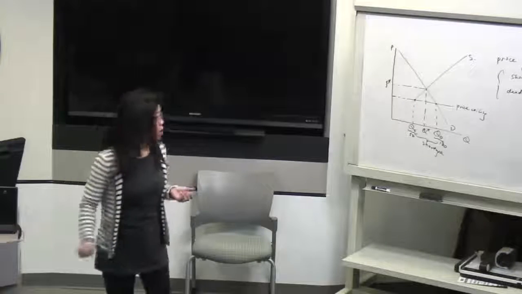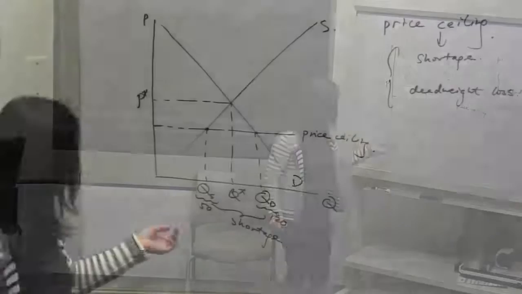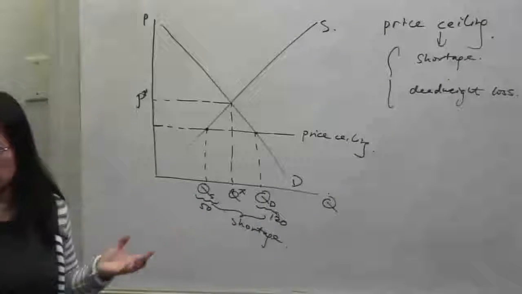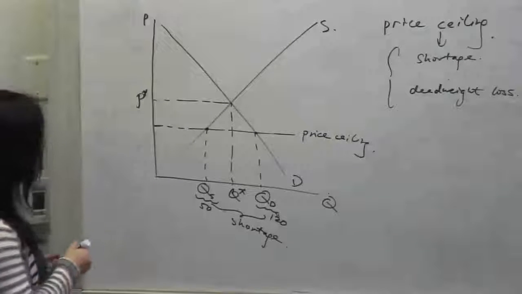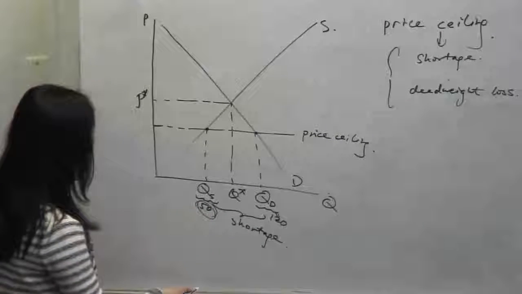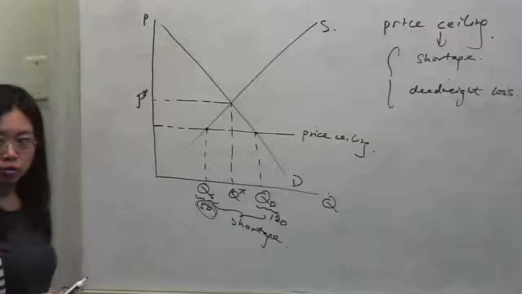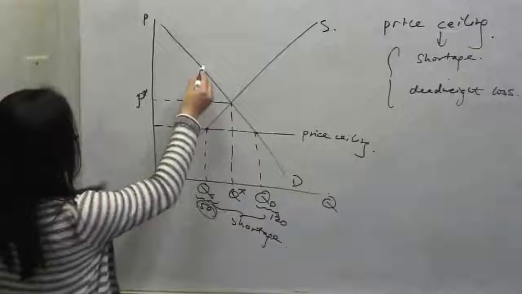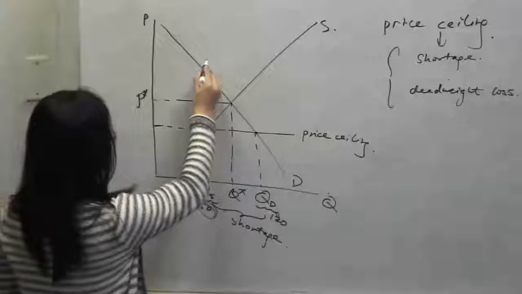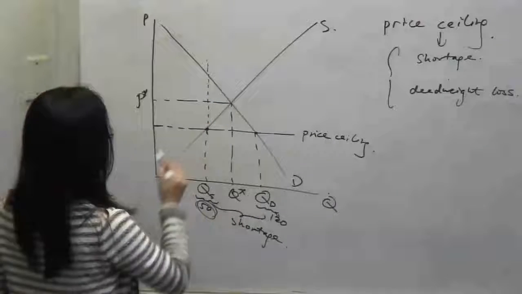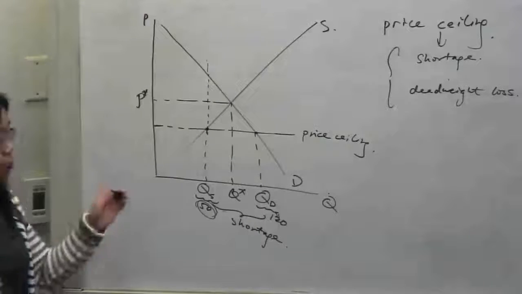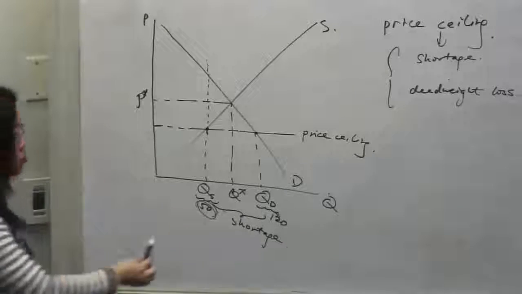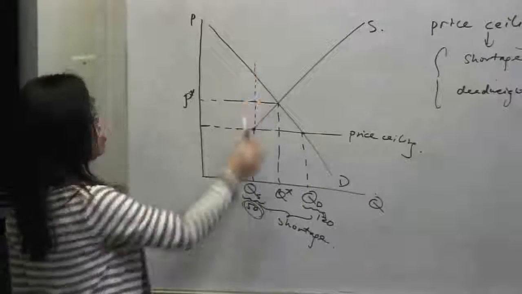Whatever the smaller number is, that is the quantity actually traded in the market. Knowing this is the actual quantity traded, we go straight up. We draw a straight line, just like for the tax policy. We figure out the actual quantity, then we draw the straight line up.